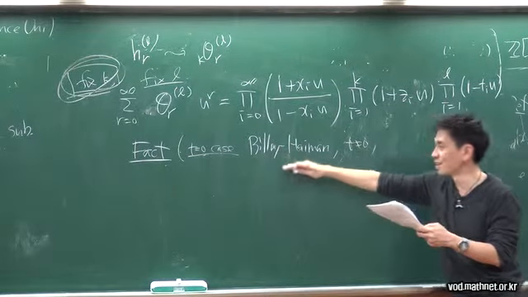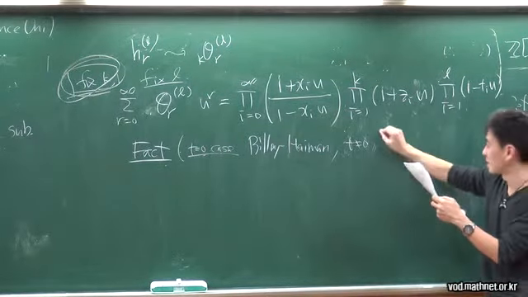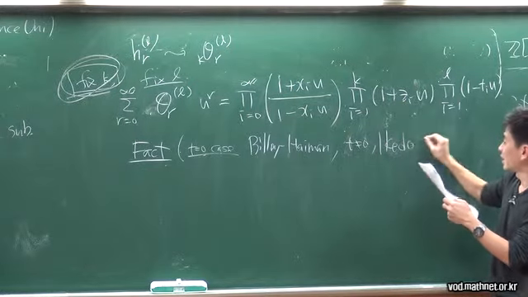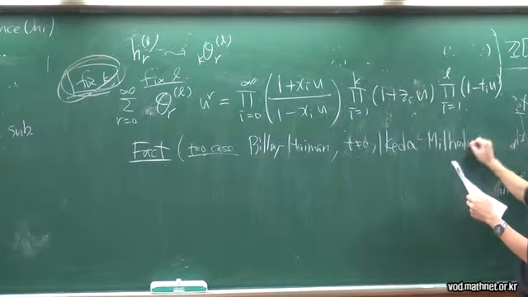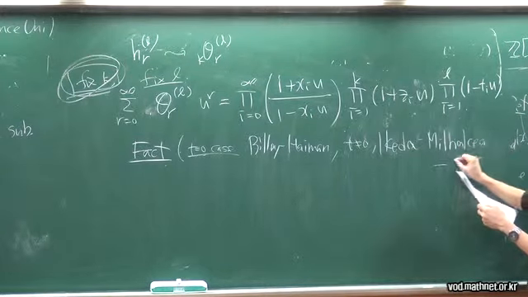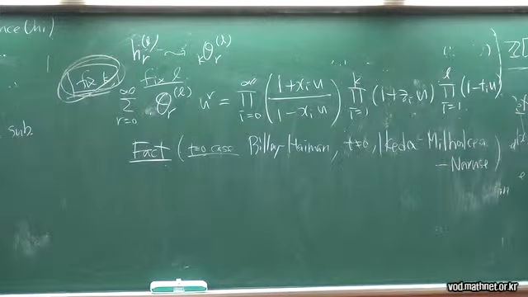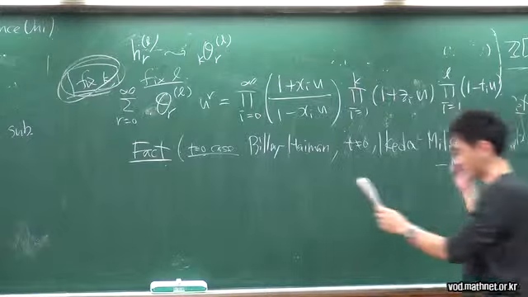This is the non-equivariant case, and then the equivariant case is given by my collaborator Ikeda and Mihalcea, Naruse. So they defined some polynomials that represent those Schubert classes for type C.